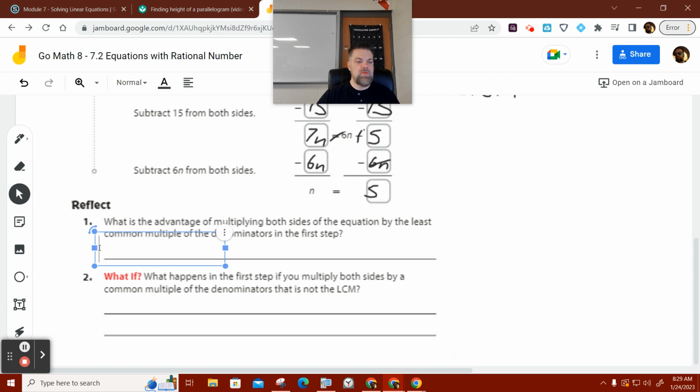So then question number 1 says, what is the advantage to multiplying both sides of the equation with the least common multiple in the first step?